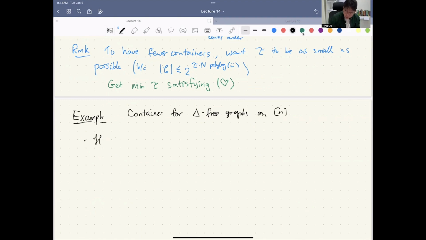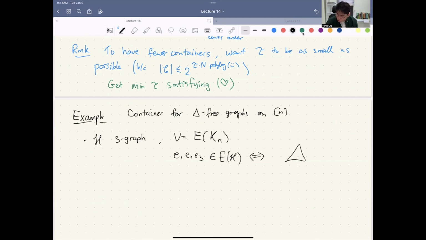You construct H, the 3-uniform hypergraph, where the vertex set is the edge set of Kn. Three vertices, the three edges E1, E2, E3, form a hyperedge in H if and only if they form a triangle in Kn.